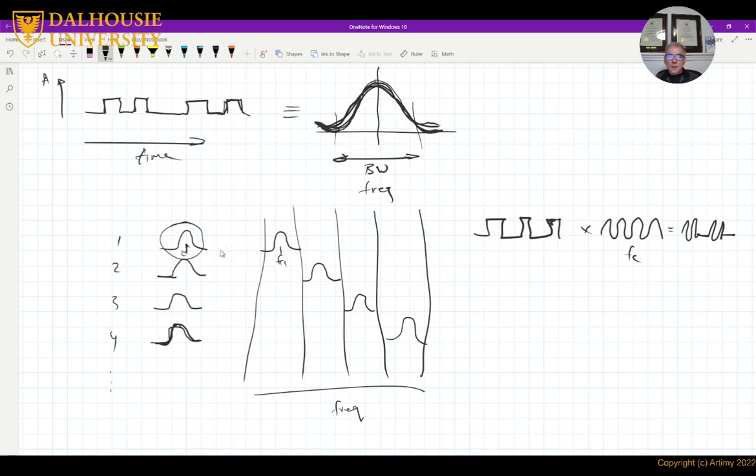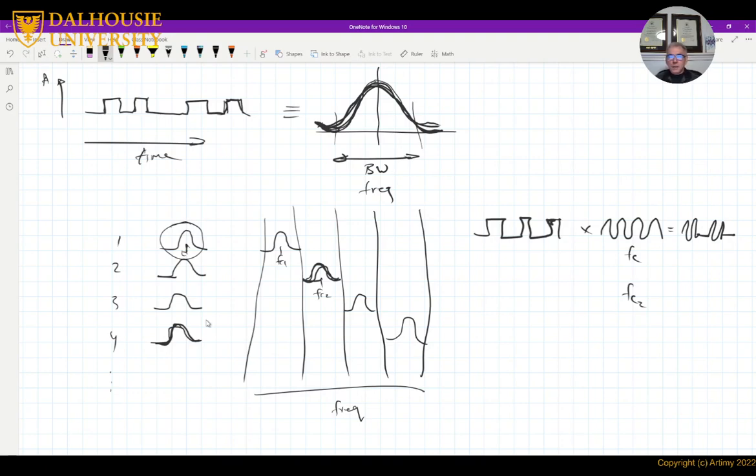And if I multiply the second channel with a different frequency, FC2, right? That means that the spectrum is shifted to another frequency, FC2. So each one of these channels will be modulated with a different carrier frequency.